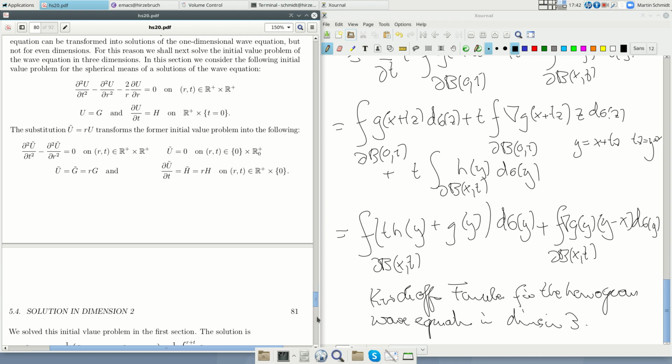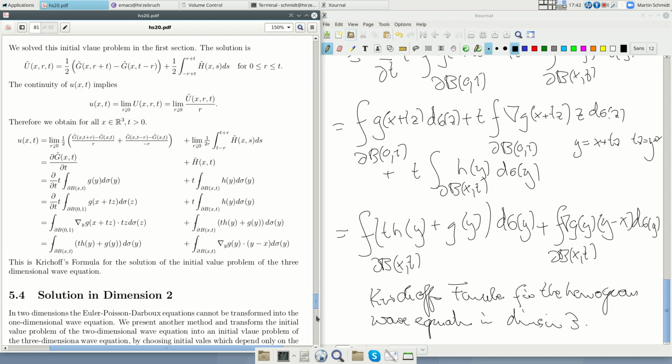And clearly we have that this u tilde is 0 on this boundary of the positive numbers, and for this reason we end up with the initial value problem of the one-dimensional wave equation, which we already solved. We insert this solution, and then we get Kirchhoff's formula.